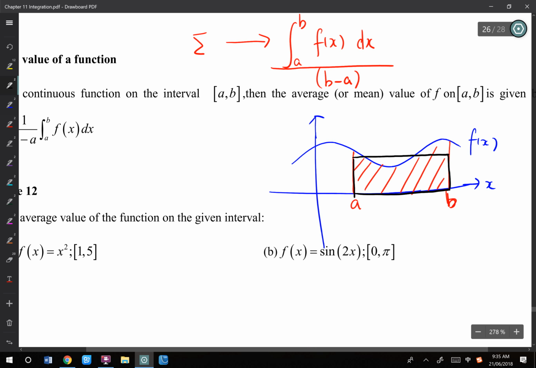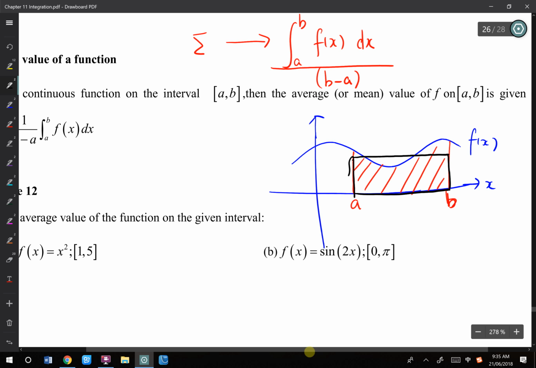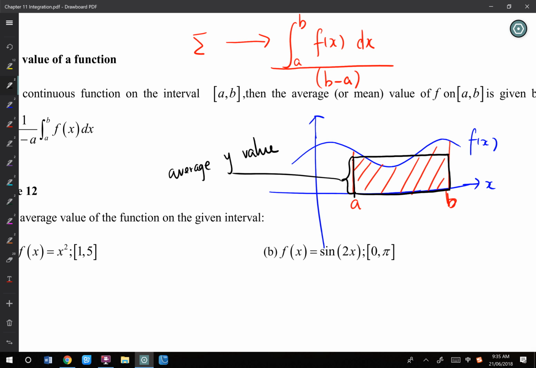So this black rectangle is my new area, but it's equivalent to the red area. Then this height is called the average y value, because with a uniform height, you can create the same area as the function produced. So we treat that as the average y value.